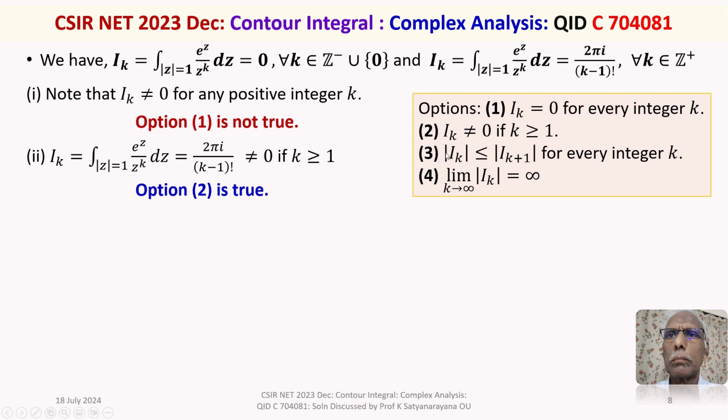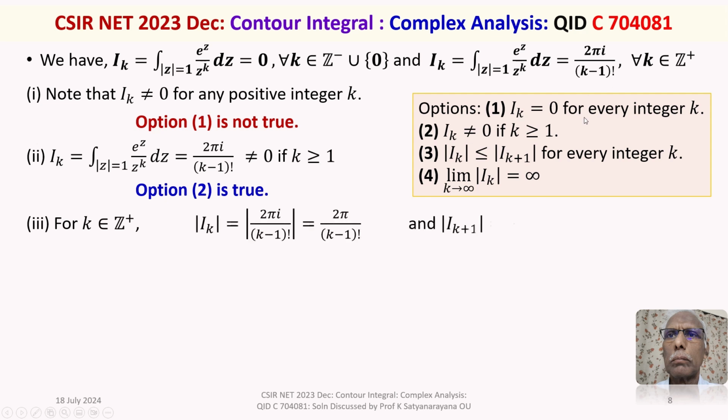Now, option 3 says |Ik| is less than or equal to |Ik+1| for every integer k. For this, first of all, let us see what is |Ik|. So, for k belongs to Z plus, we consider this. |Ik| is |2 pi i by (k minus 1) factorial|, and |i| is equal to 1, so that is equal to 2 pi by (k minus 1) factorial. So, |Ik+1| will be 2 pi by k factorial.